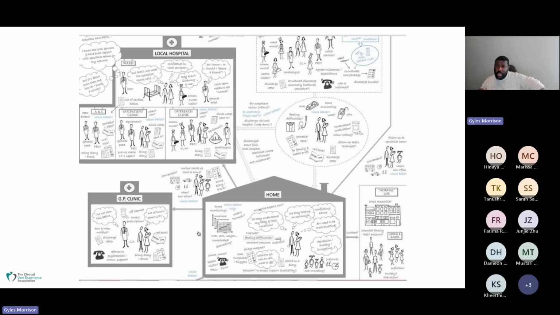And when you look at it like this, you're like, okay, I see some problems happening in the GP clinic. Maybe I'll start exploring and investigating more there and see how I can bring positive change to this system that's going on here. Because the system is made up of different types of people and technology, and by bringing a change, you can disrupt what's going on in both positive and negative ways.